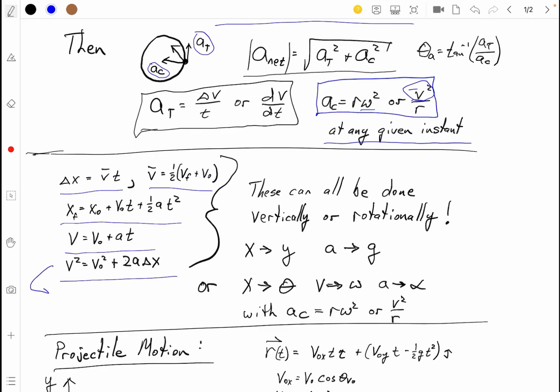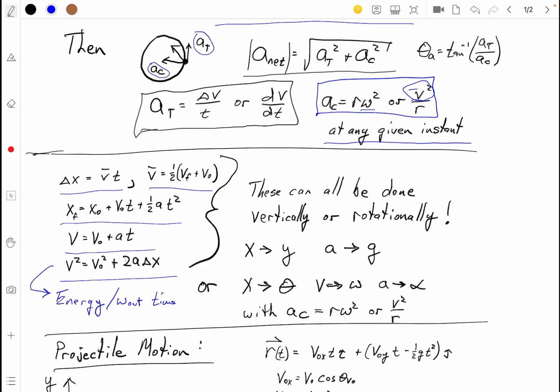This relates to both energy and position, without time. So that's a very useful equation, so don't neglect it. It pops up in so many places.